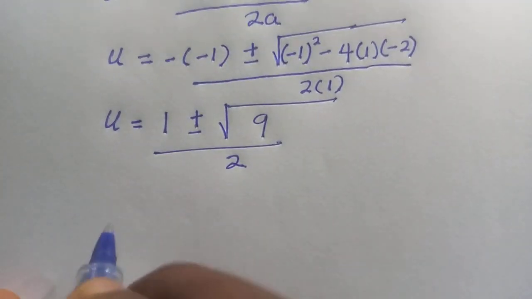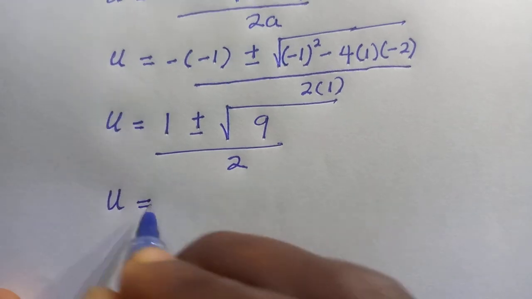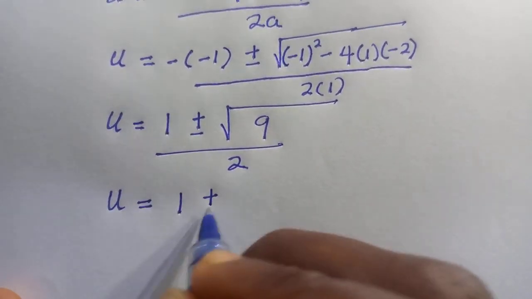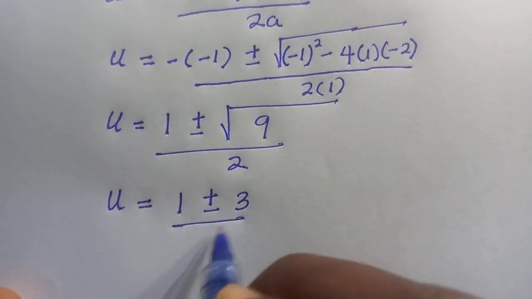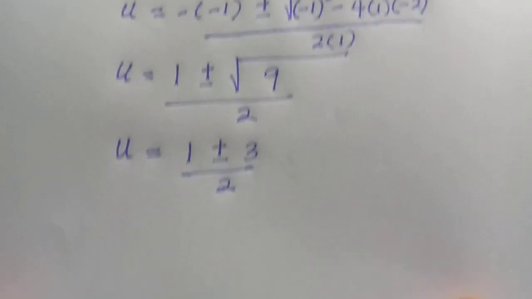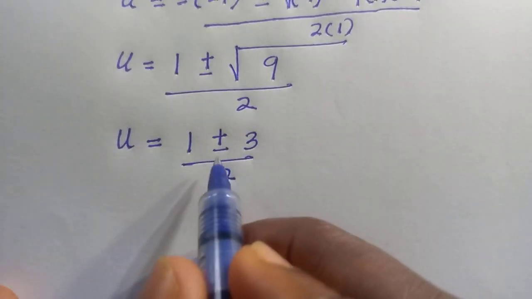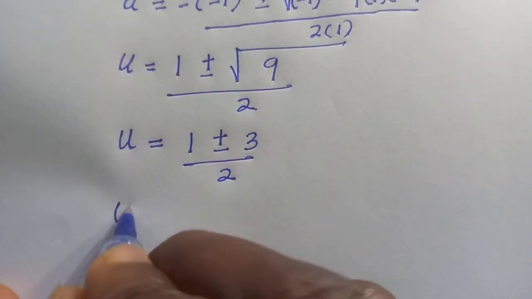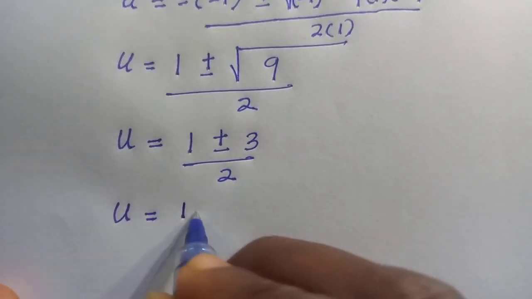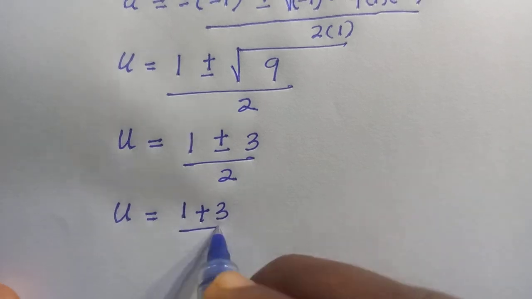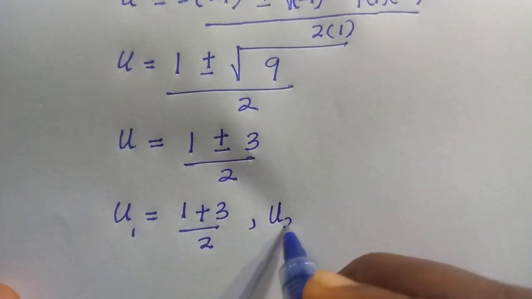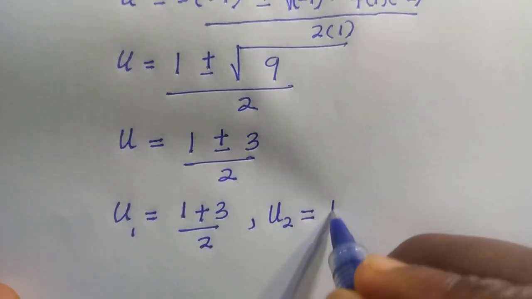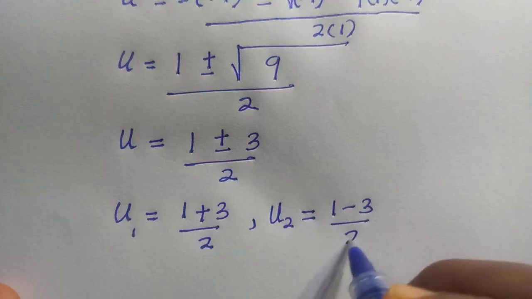So having this, we have u equals 1 plus or minus the square root of 9, which gives us 3, divided by 2. Since we have positive and negative, we separate it, so that we have 1 plus 3 divided by 2. We call this one u1. And also for u2, we have 1 minus 3 divided by 2.